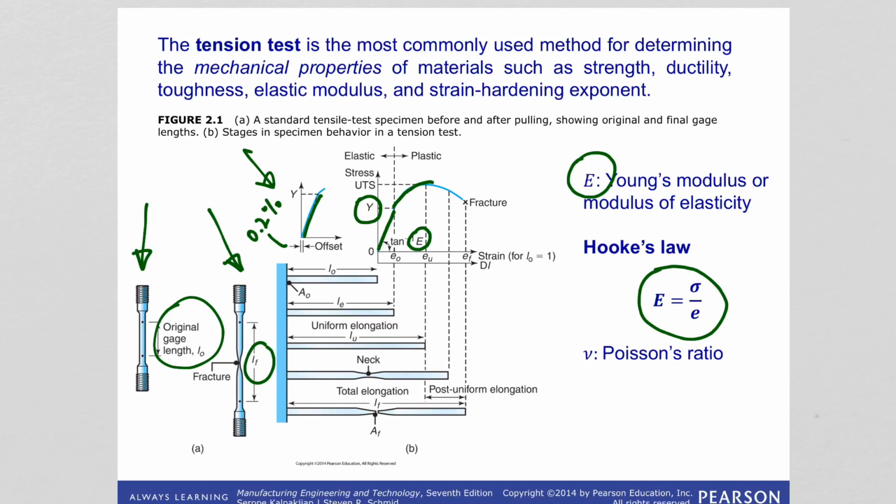This 0.2% elongation offset line is drawn parallel to the elastic region. Where it intersects the curve, we go to the y-axis and read the yield strength.